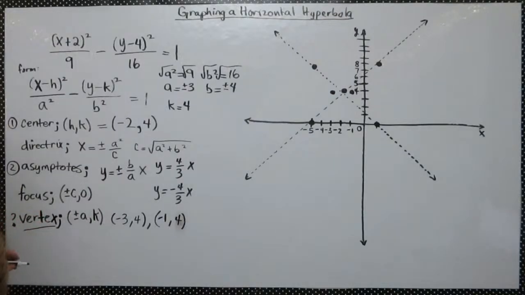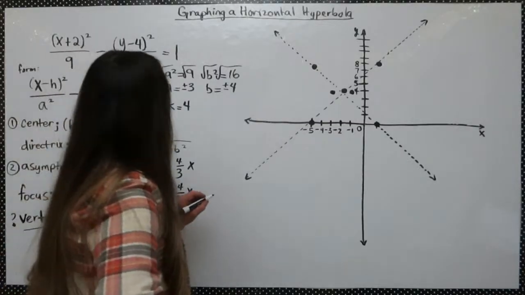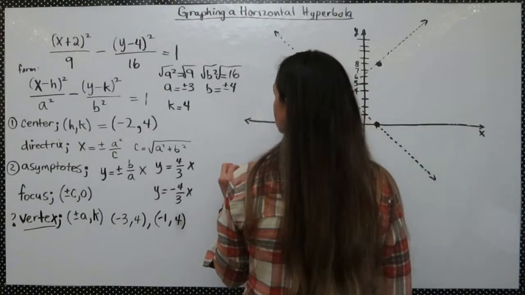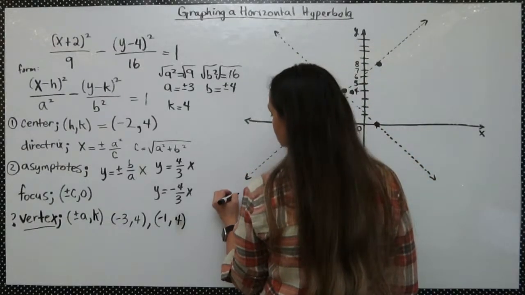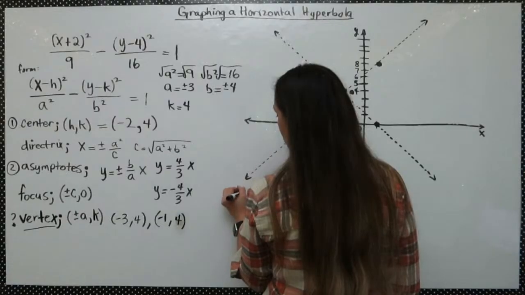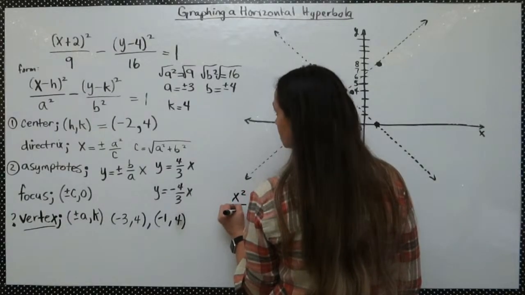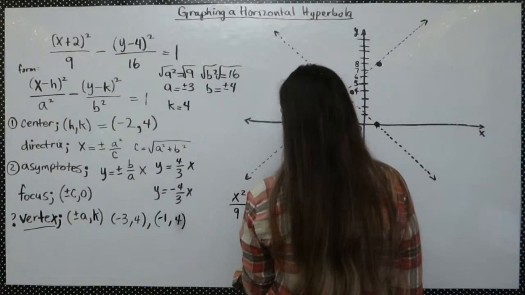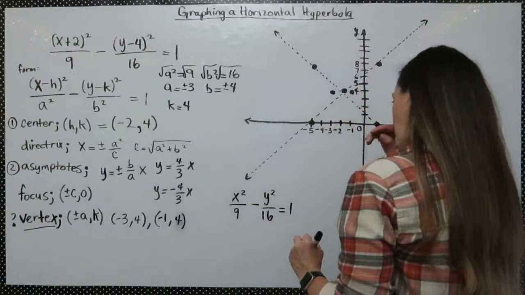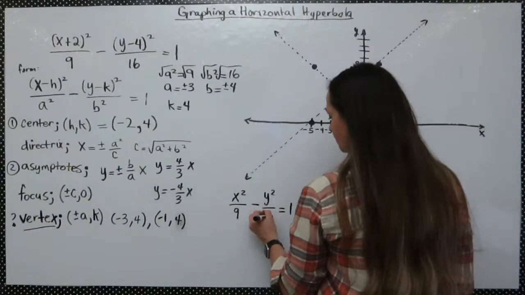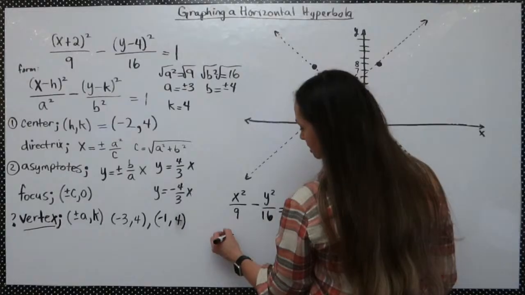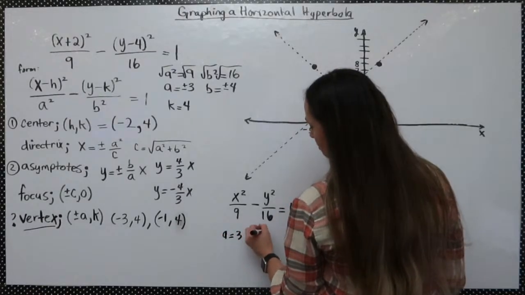So what we're gonna do is find other points in this graph because I didn't realize that I was gonna run into this issue. But it's the same as the graph x squared over 9 minus y squared over 16 equals 1. So your a is still 3 and b is still 4.